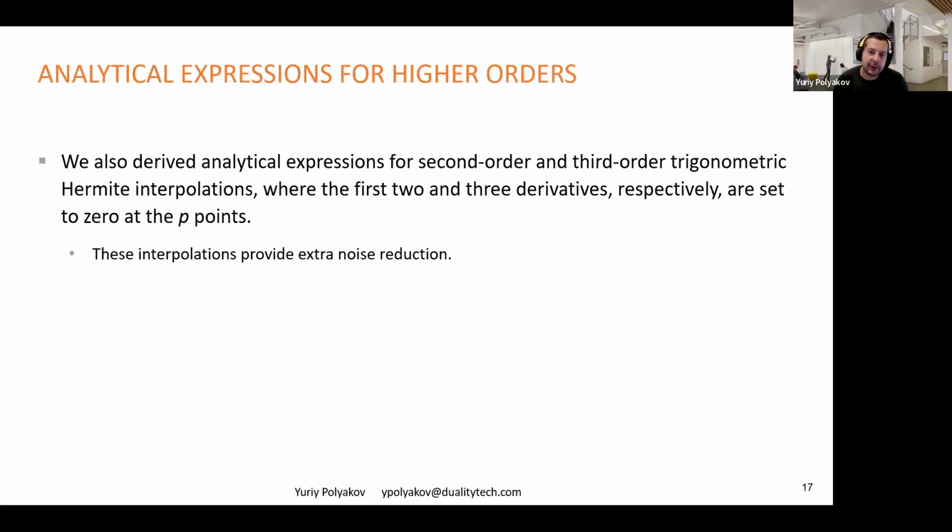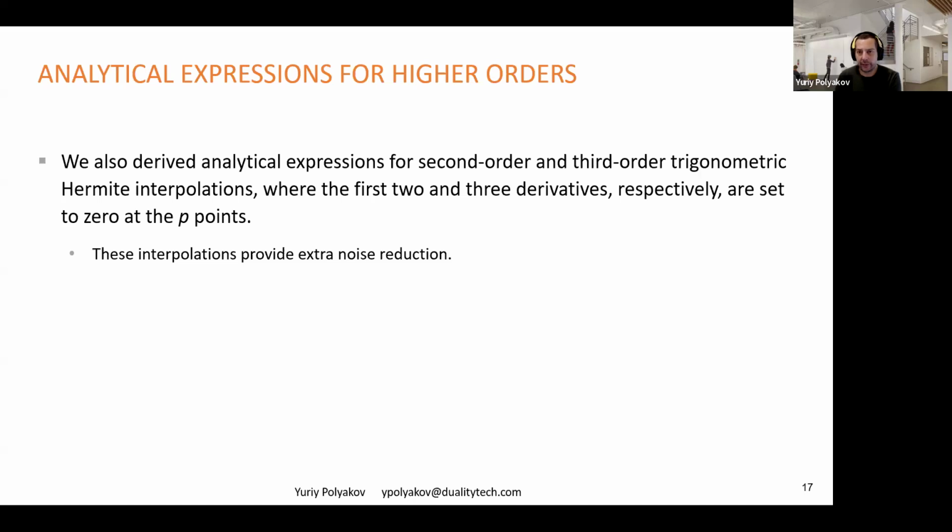So we went a little bit further because first order derivatives are great. They can reduce the noise, but it was not clear whether this noise reduction would be sufficient for all applications. And we already saw some applications where it's not sufficient.